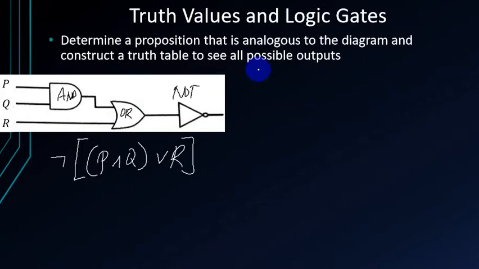I'm going to use the alternative method. I'm going to have here P, Q. Sorry, there should be R as well. So let's fix that.